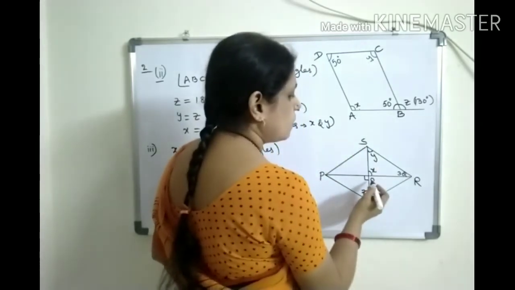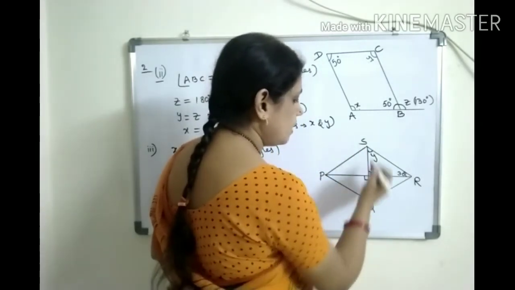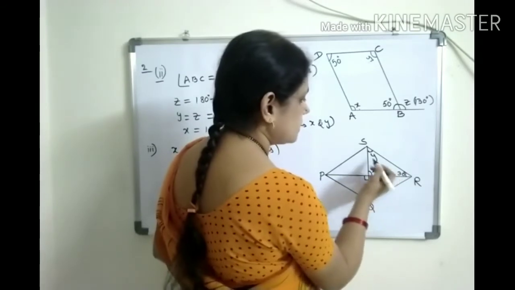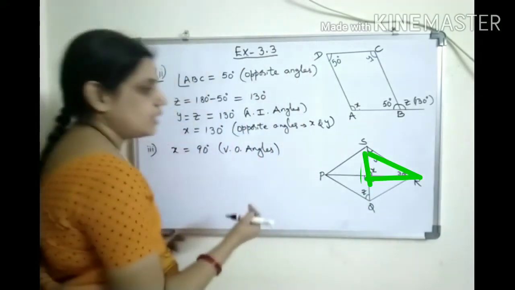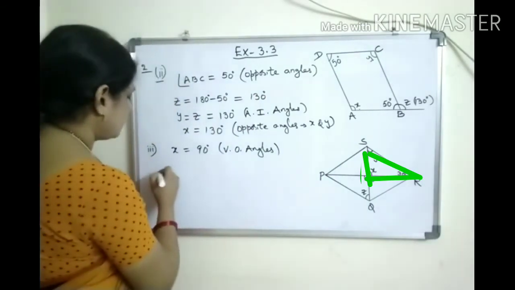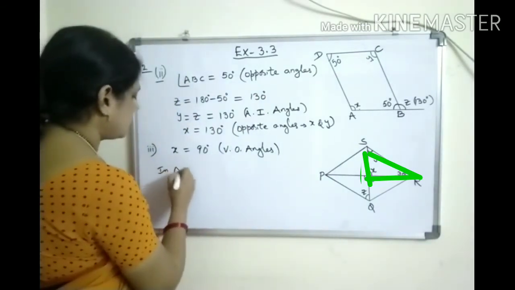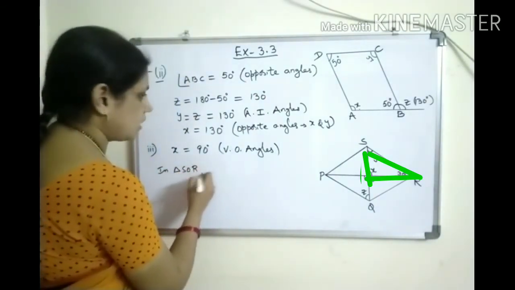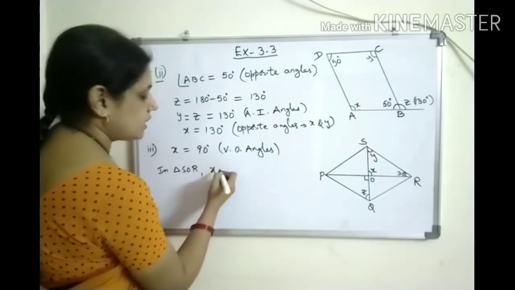Okay. So what should be angle, that means Y. What should be Y according to the angle sum property in triangle SOR? In triangle SOR, x we got it.